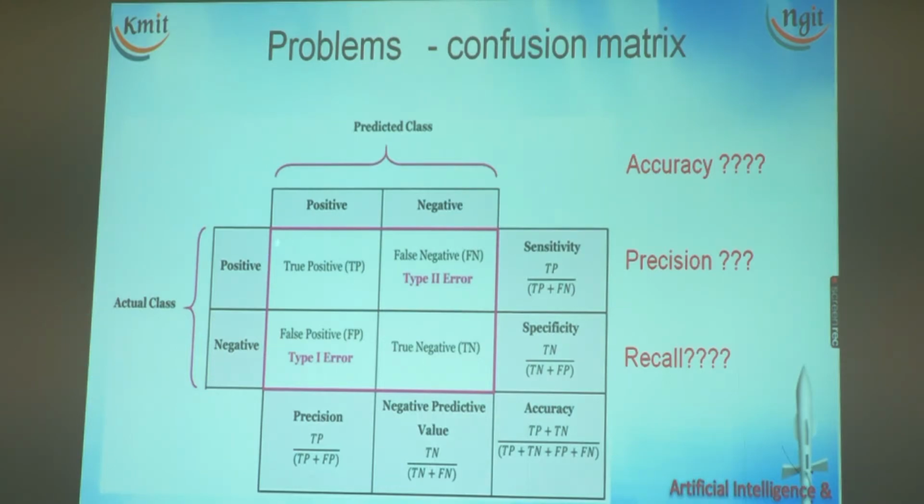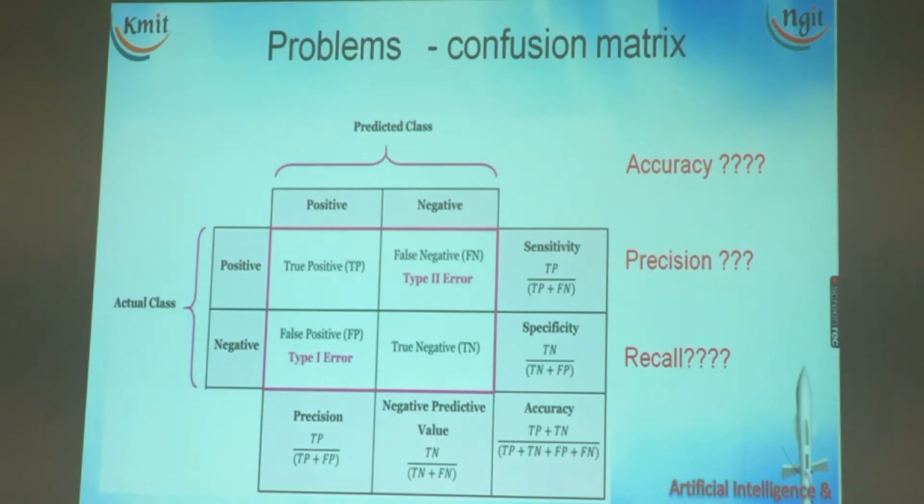True negative comes here, true positive goes here, false positive comes here, true negative goes here. Have you heard about type 1 error and type 2 error? We call it hypothesis testing. Normally in hypothesis testing, we call them type 1 error and type 2 error.